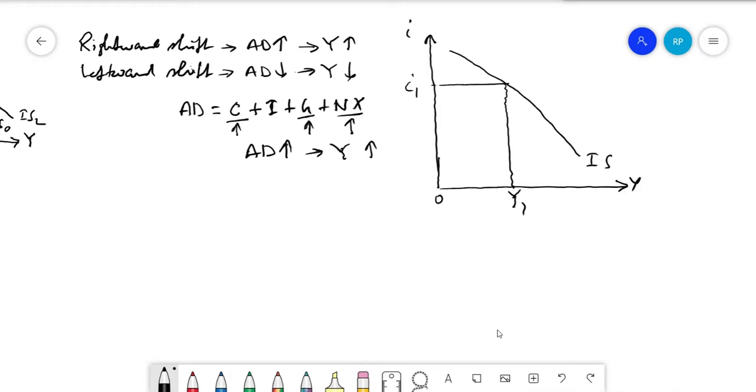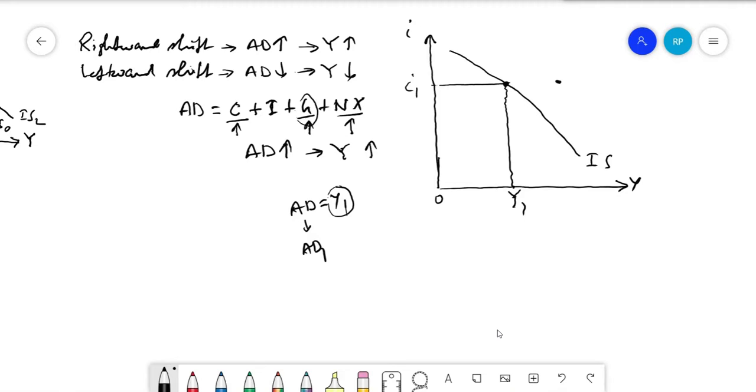Why? Because if you take the same level of I, if your aggregate demand has increased, say this much, because at this point you know that aggregate demand is equal to production. So if you take the initial case here, aggregate demand is equal to output. Initially the aggregate demand AD is equal to Y1. Suppose due to increase in your G, AD increases to AD1. So this AD1 cannot be equal to Y1.